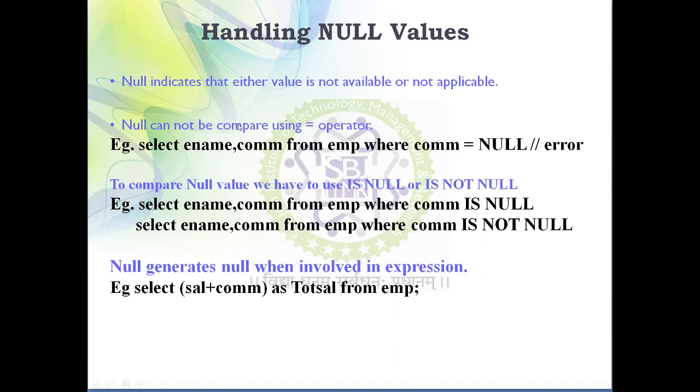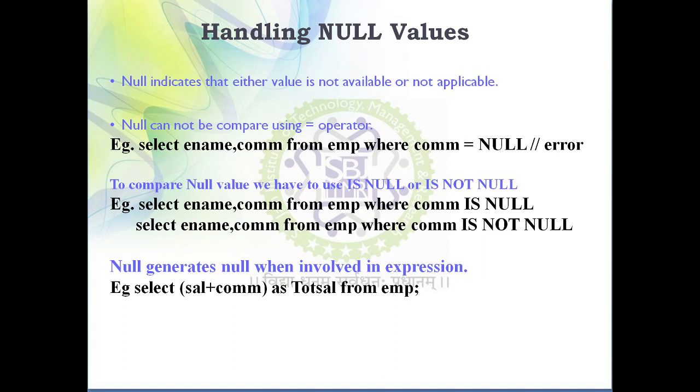Null cannot be compared using the equals to operator. Suppose I want to tell you one example. Suppose I want to display employee name along with their commission, and you know that in our employee table a few employees are getting commission and a few employees are not getting commission. I want the list of only those employees who are not getting commission, that means their commission is null.